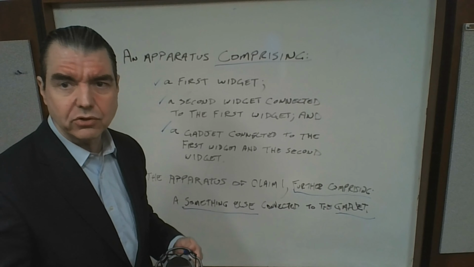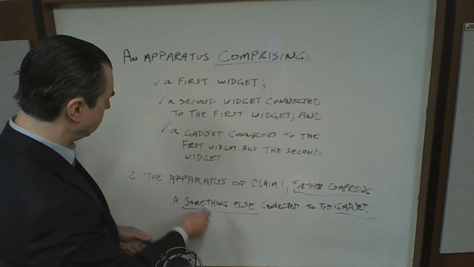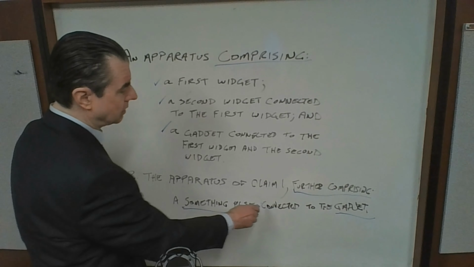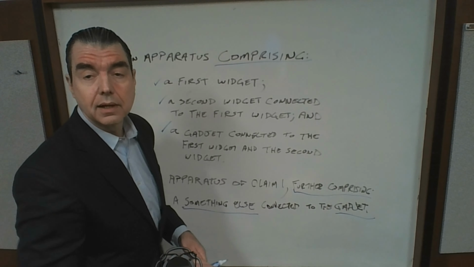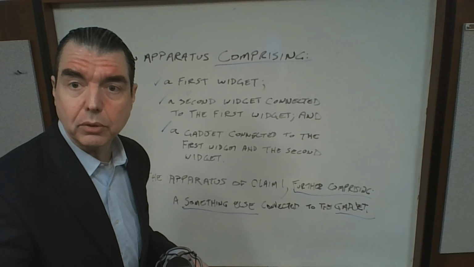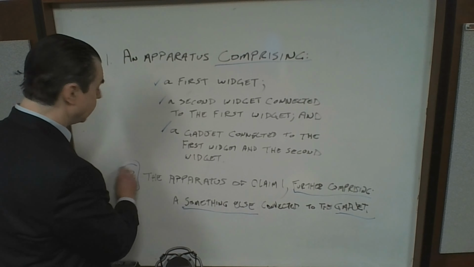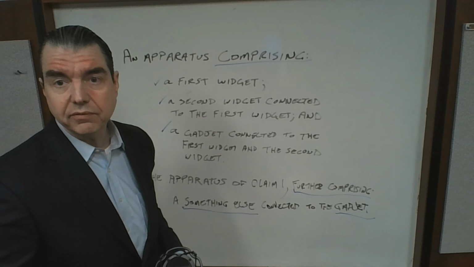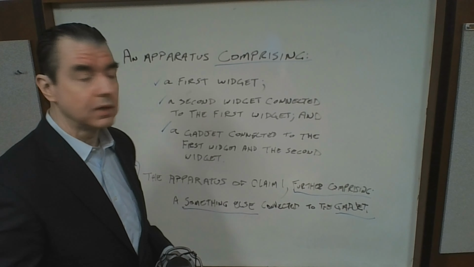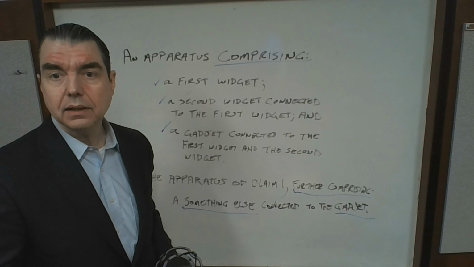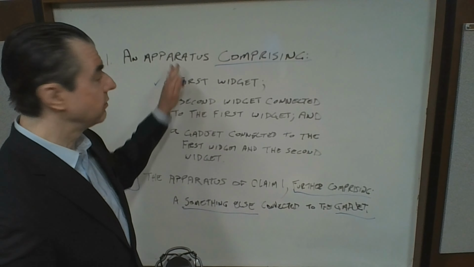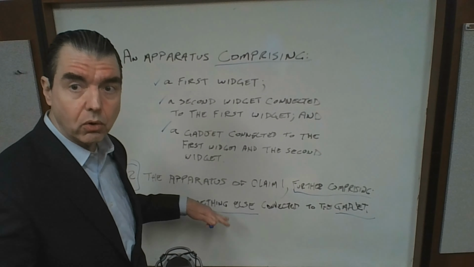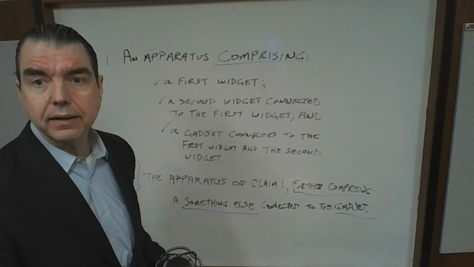However, it may turn out that the prior art does not include something else connected to the gadget. That might save your patent. The next question would be, does the alleged infringing device or infringing apparatus have the three limitations of the independent claim and also the limitation of the dependent claim?